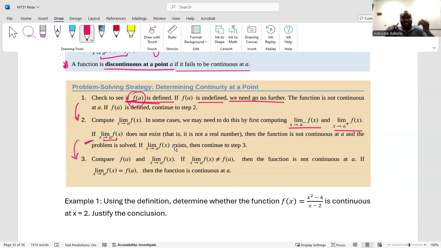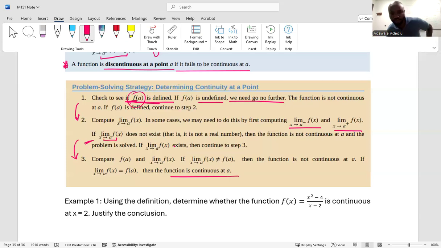But if f of a is defined, the limit as x goes to a of f of x exists, and they are the same, that is, the functional value at a and the limit as x goes to a of that function, then we conclude that the function is continuous at a.